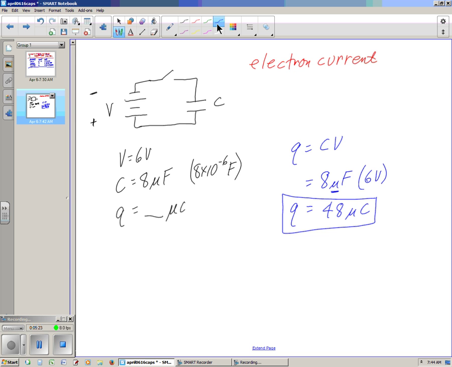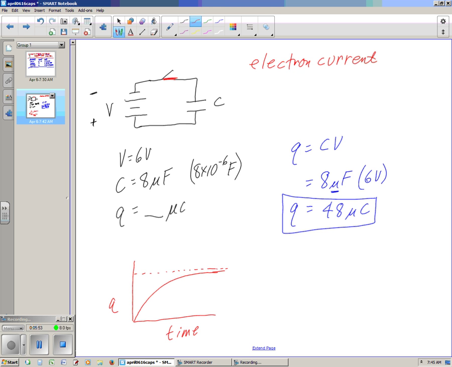Now, what is going on in this problem? I'm going to draw a graph here of the charge versus time. And what's going to happen when we first flip our switch up here, so I just close the switch, is the charge on the plates of the capacitor is going to build up, and then it's going to level off. And what we have up here is an asymptote.